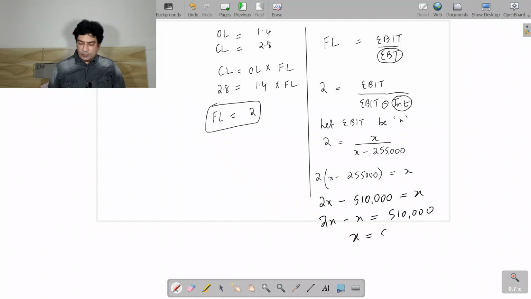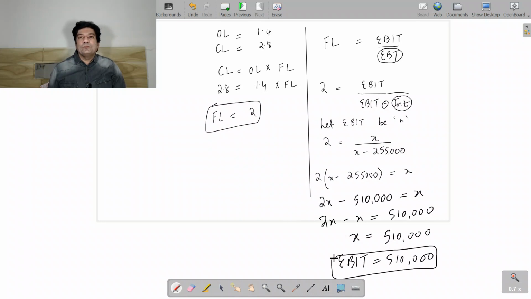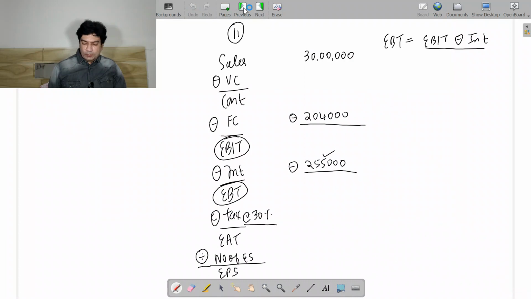So X will be 5,10,000, and X is nothing but EBIT. So I know my EBIT to be 5,10,000.